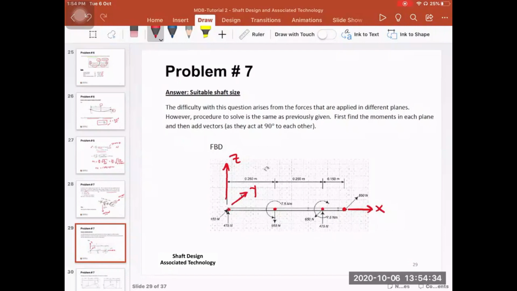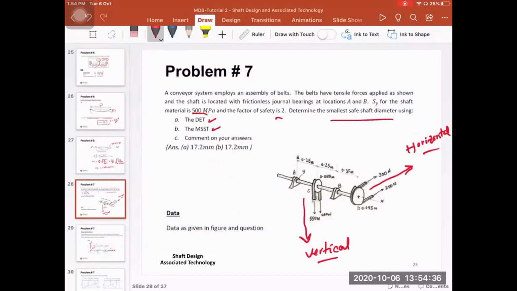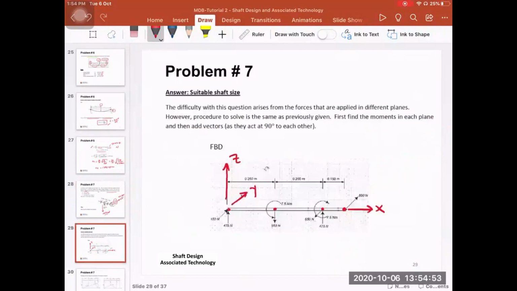So as I said, if you go back, you will find these two forces. They are in the horizontal direction. When you move them to the center, where you have this torque, these two forces add together and then they become 500, okay? So you see that in this horizontal direction, or XY plane, we have 500 Newton, okay?